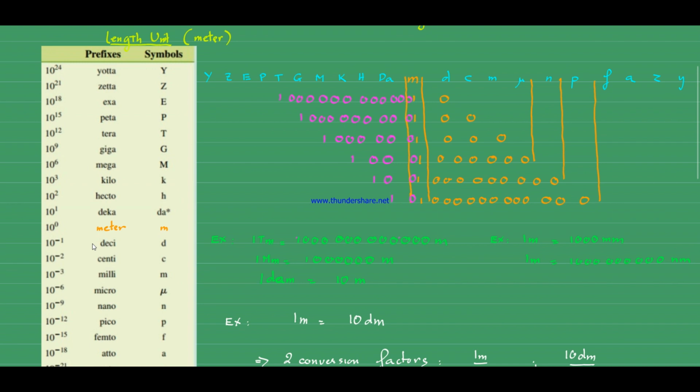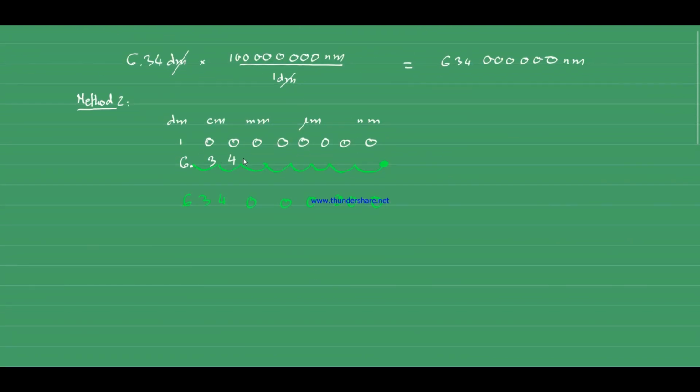It means you're going to move it to the right 9 decimal places. Starting from meter. But our example starts from decimeter, so you have to subtract 1 zero. You have to throw away one of the zeros. So instead of 1 billion, we just have 100 million.